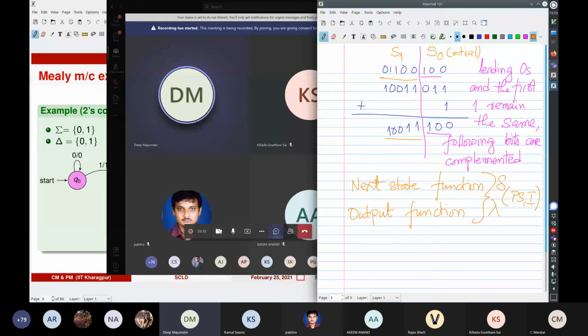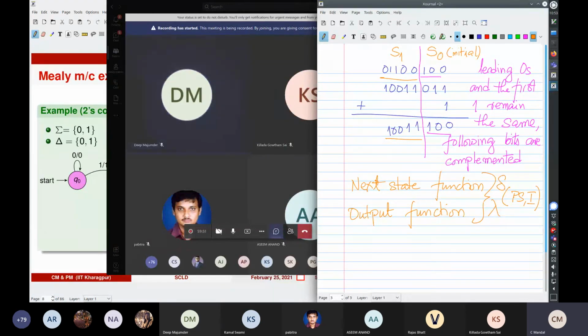Total input will be 1 for the state and 1 for the bit being read. Yeah, so present state and input. So this input is for the system input, that is the primary input, you can say, and present state is actually the secondary input.